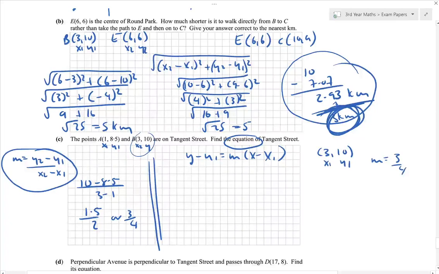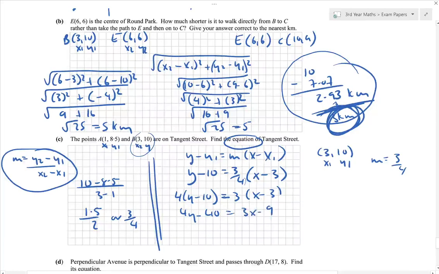So subbing that in, y minus y1 equals m, which is 3 over 4, by x minus x1. Now, we've already done this. We don't want a fraction, so we want to get rid of the divide by 4 here. So you multiply the left hand side by 4. Then multiply out the brackets. That's 4y minus 40 equals 3x minus 9.